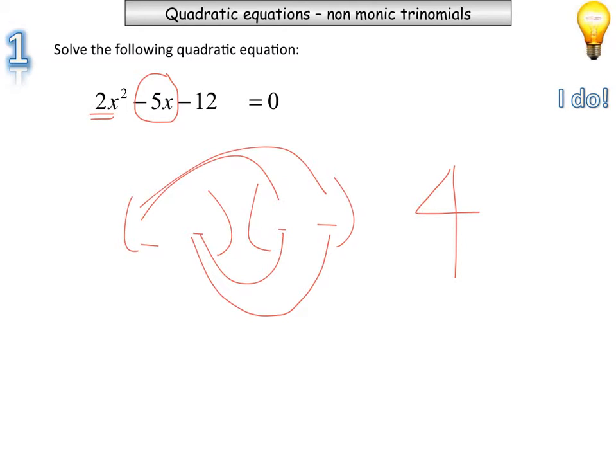So we will end up having a particular method with this one, and it's called splitting the middle term. So like we had the product and the sum, in this case, the product is 2 times the constant term, so 2 times negative 12, which is negative 24, and the negative 5 stays the same.